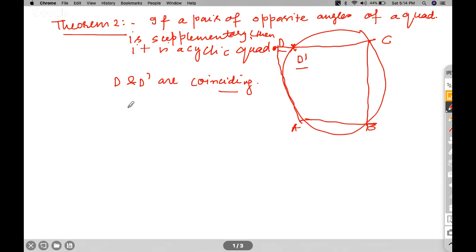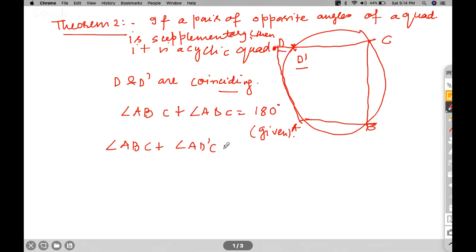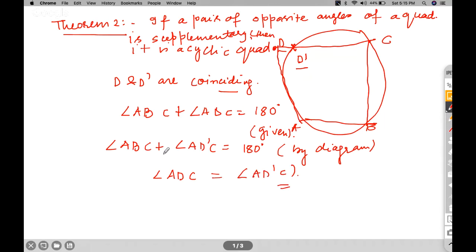So what I'll write over here is angle ABC plus angle ADC is equal to 180 degrees. It has been given to me that opposite angles are supplementary, but at the very same time, ABC plus AD dash C is also equal to 180 degrees, because by diagram I have made it like that. And this is only possible when angle ADC is equal to angle AD dash C, which is not possible, since an exterior angle of a triangle can never be equal to its interior opposite angle.